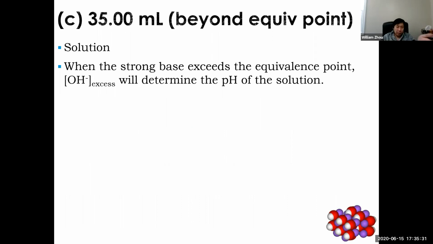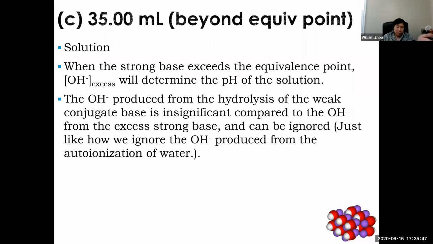Last one, C, beyond the equivalence point. This is exactly the same as strong acid, strong base. So you need to determine the concentration of the excess hydroxide that you've added, and that determines the pH.